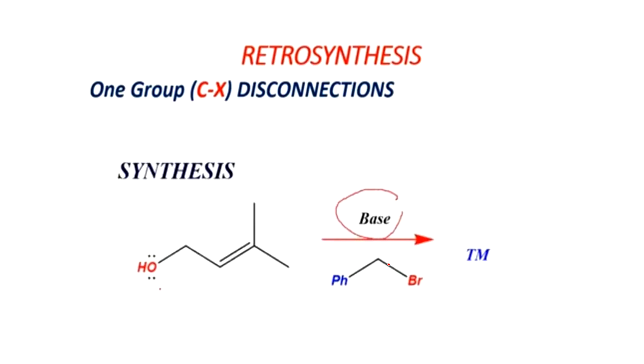Then the negative charge is formed, and this negative charge can attack this group, removing the Br group. So we easily get our target molecule. We have to know how we get a target molecule in a given compound.